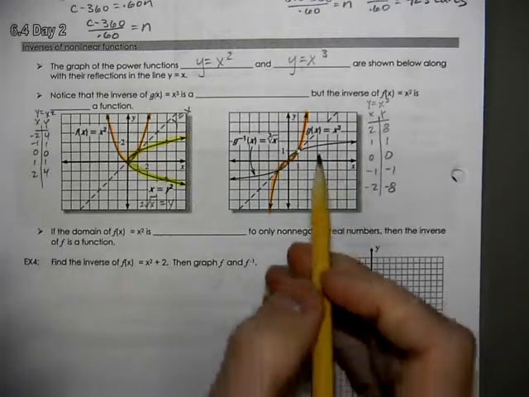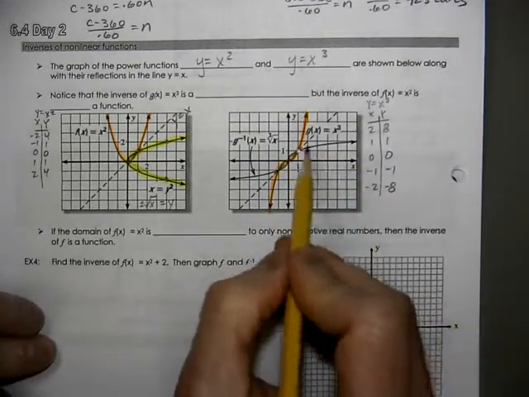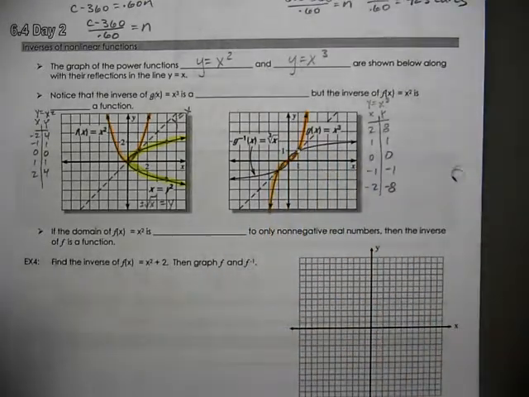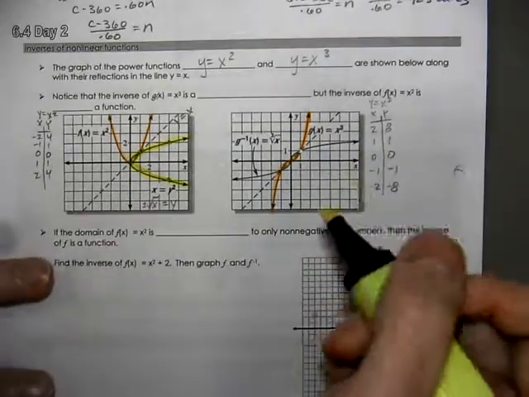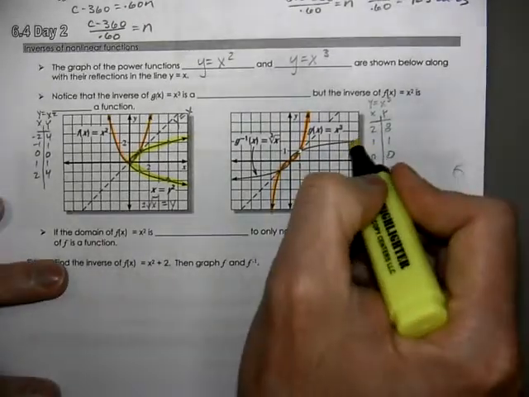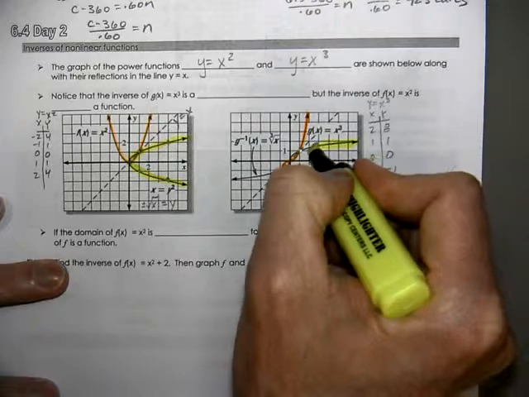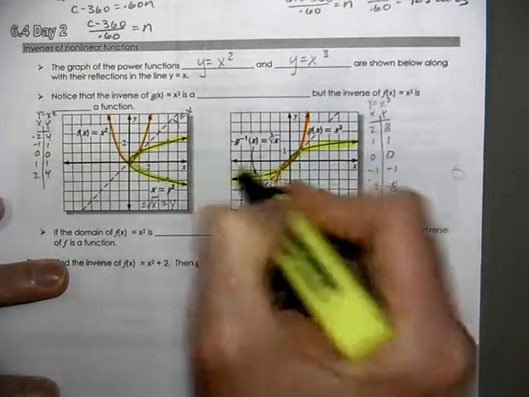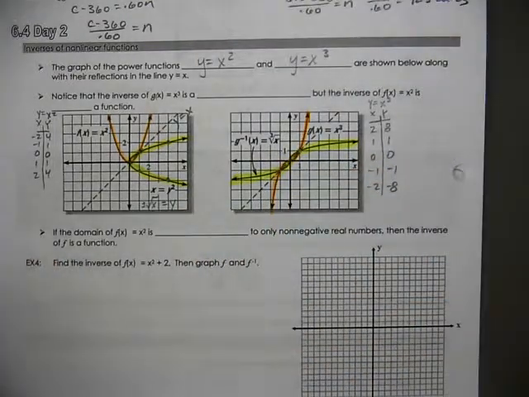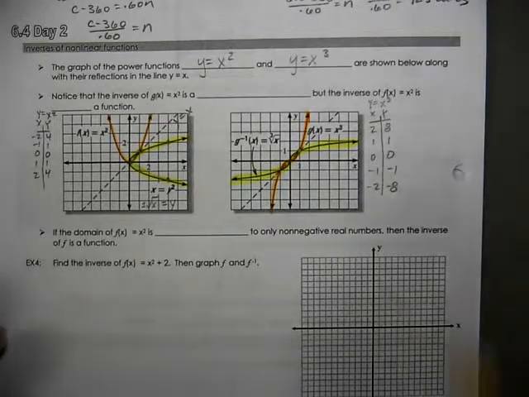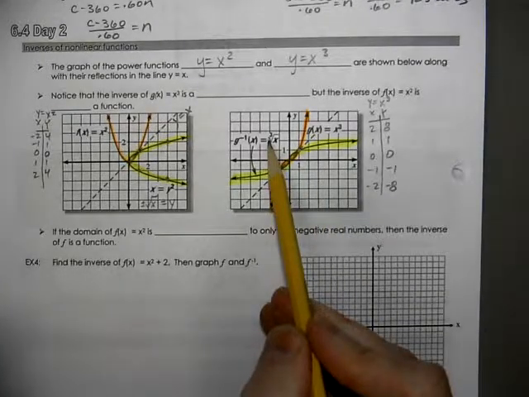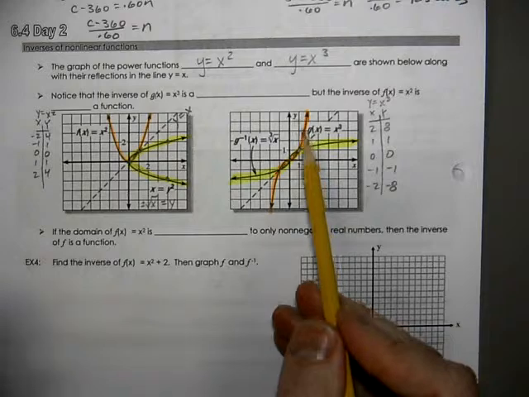Now if we reflect each one of those, they would land on our inverse, reflected over the line of y equals x. So the cubed root graph is the inverse of x cubed.